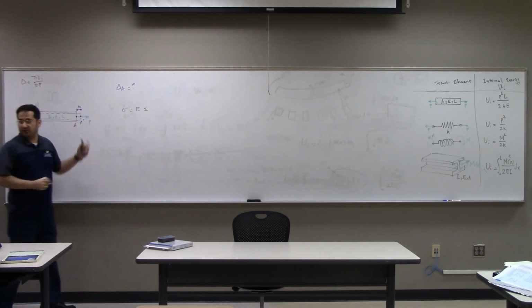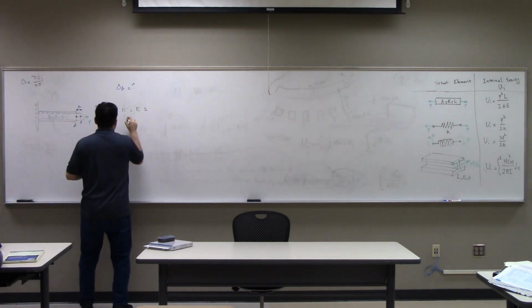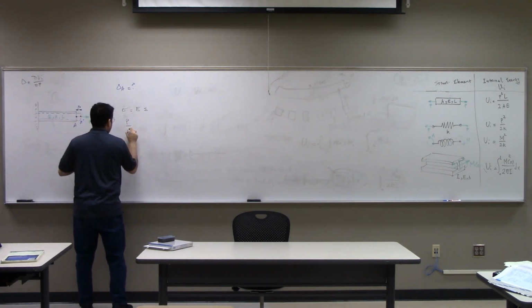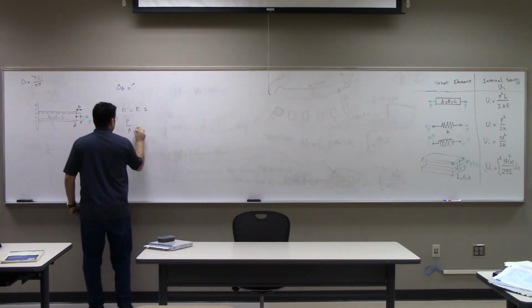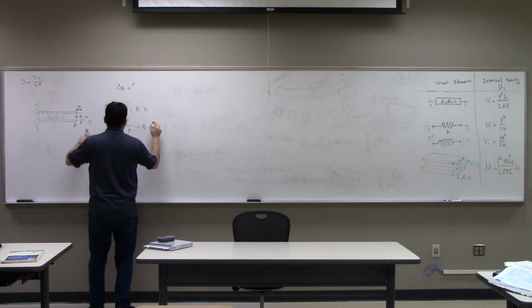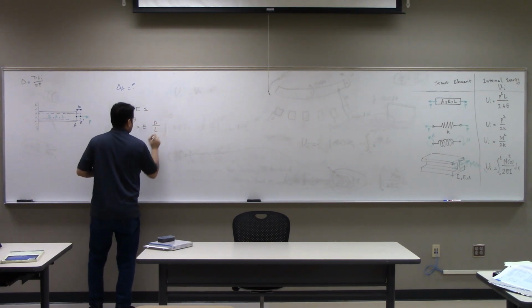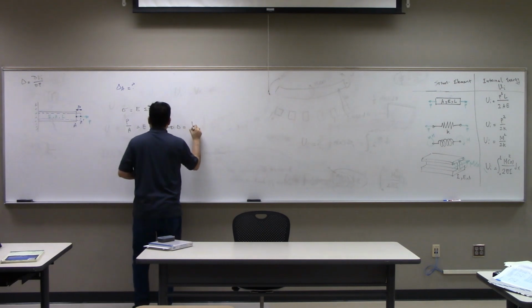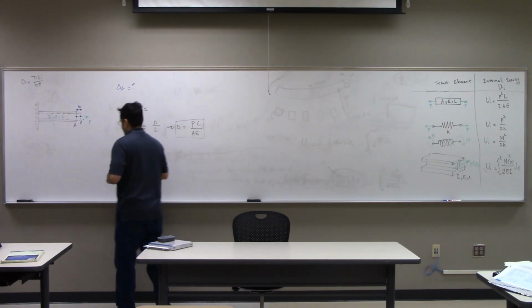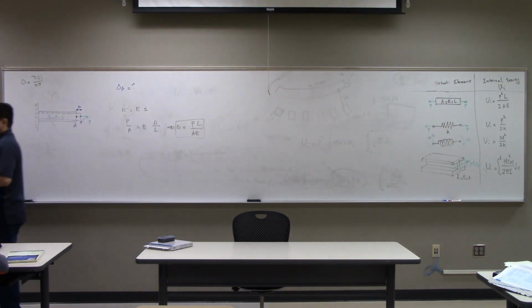And what is sigma? This force. What is force? P over cross-section area, right? Is equal to E times the deflection over initial length. So your delta is PL over AE. That's what you get. So we know the answer.